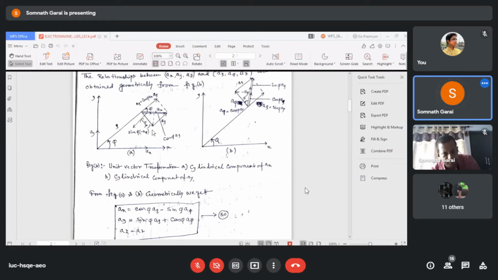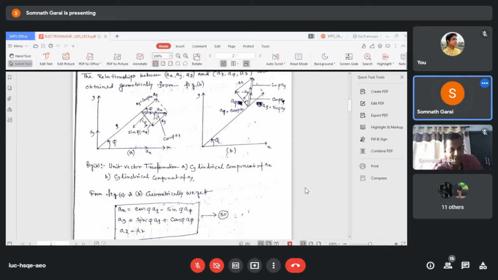And if we determine the component of vector a phi according to the horizontal direction, the component will be sin phi into minus a phi.